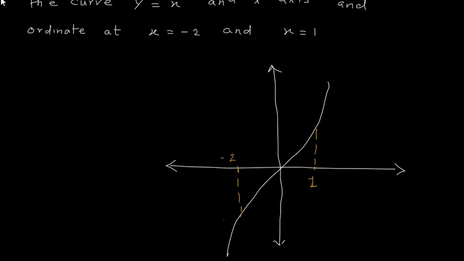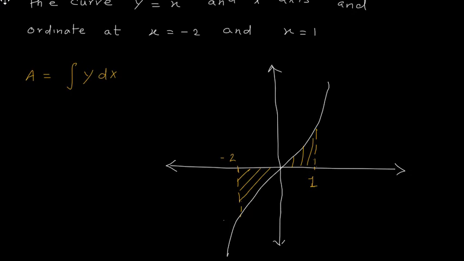So this area will be negative, as it is below x axis, so I will subtract this part from this part. Okay, so the formula for area will be, area is equal to integration of y dx, and the value of y is given x cube.